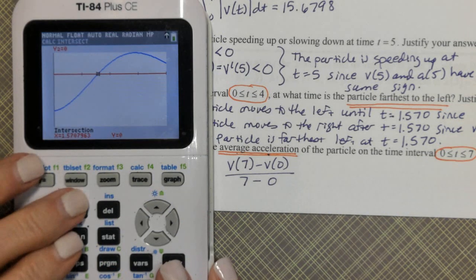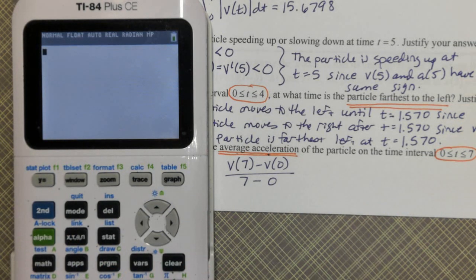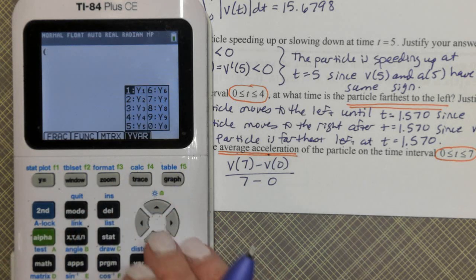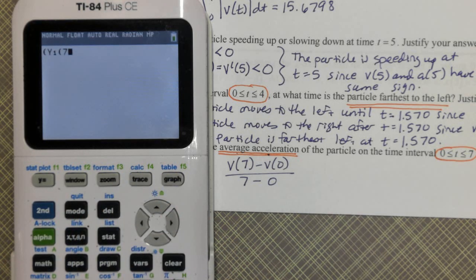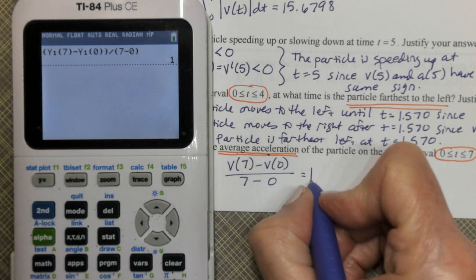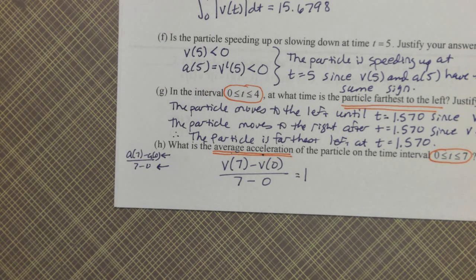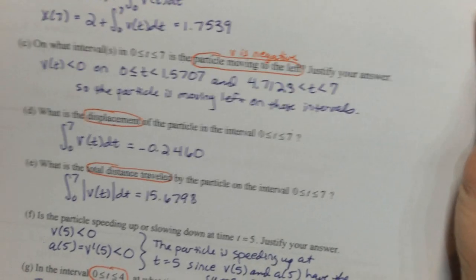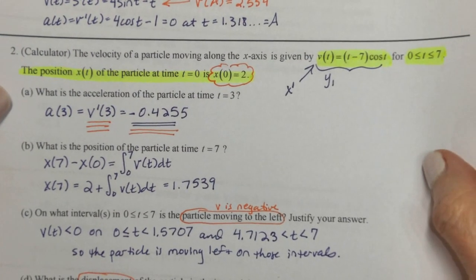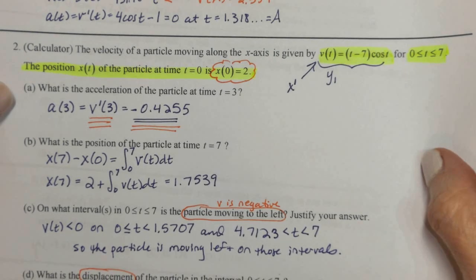So I'm going to need up on top y1 at 7 minus y1 at 0 divided by 7 minus 0. And our average acceleration is 1. Alrighty, so that was a rather long problem. A little bit of lots of things in there. An FRQ on the AP exam would not have all those parts to it.